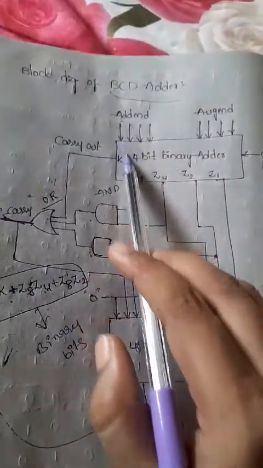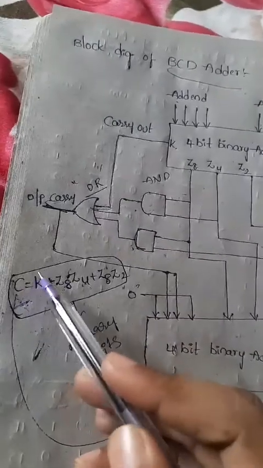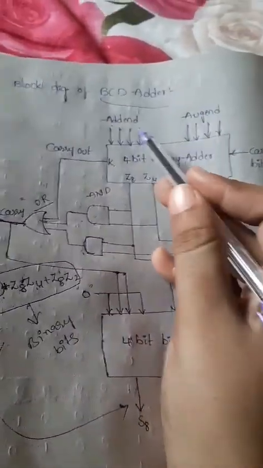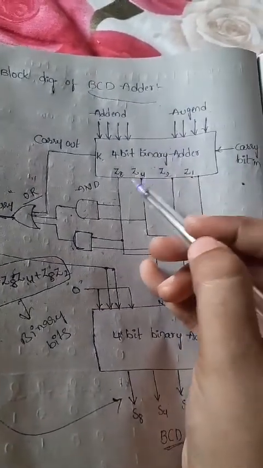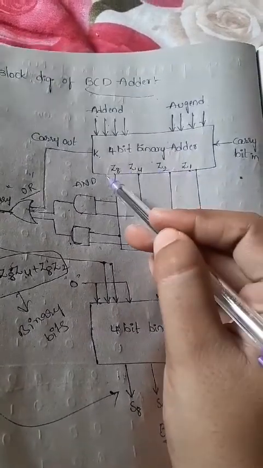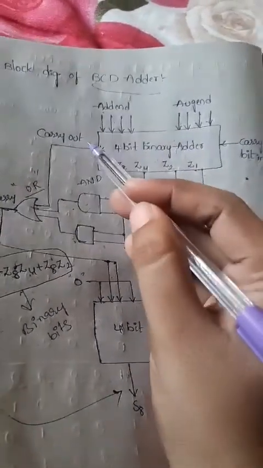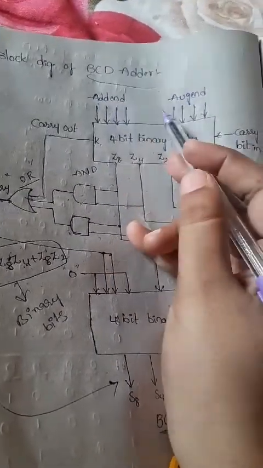Okay, so in that, first we are adding K. That is the first bit that we are going to take as K. The carry will be taken by adding the addend and augend bits. Then the result's 4 bits can be represented as Z1, Z2, Z4, Z8, and if any carry is produced, that carry will be represented by K. After adding these two numbers, we get the result.